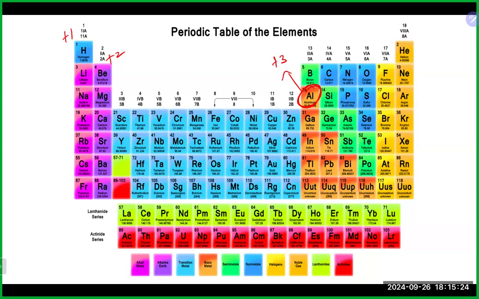Here we have our staircase coming down where our metalloids are. We do skip group 4, and then we go to group 5, which is our nonmetals, and they are going to gain electrons, so -3. Group 6, -2, and -1 for group 7. Once again, we're really talking about our nonmetals over here.